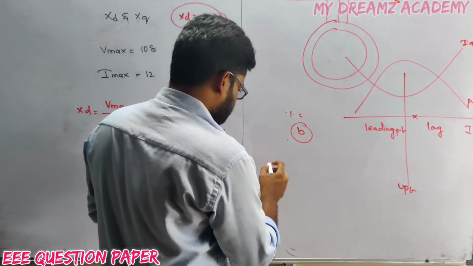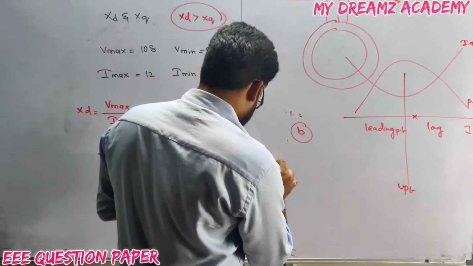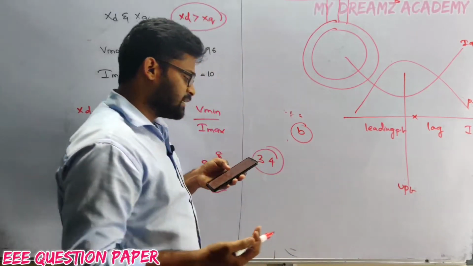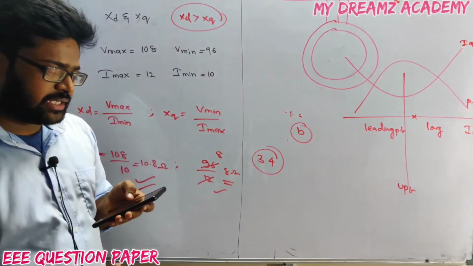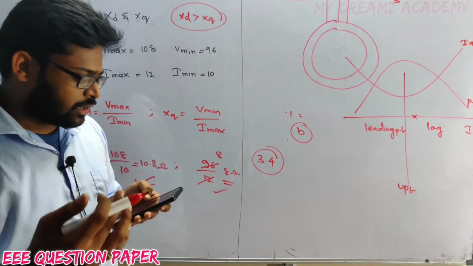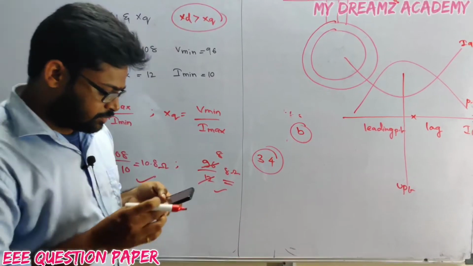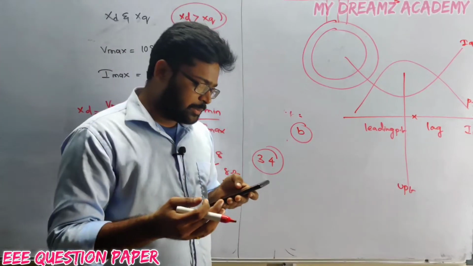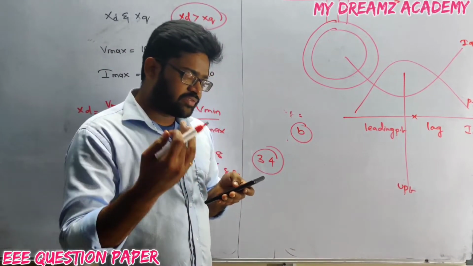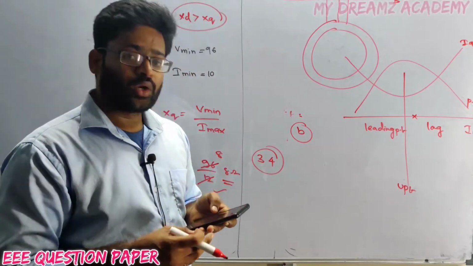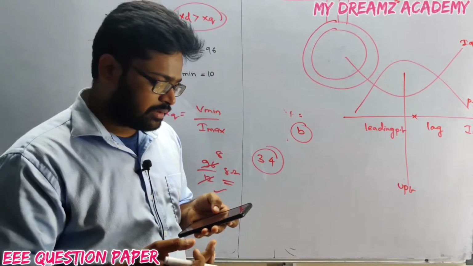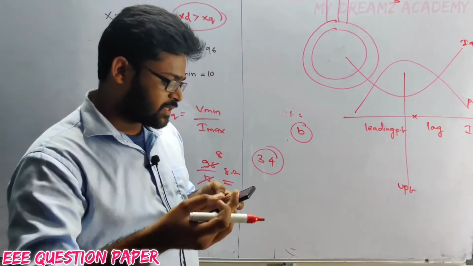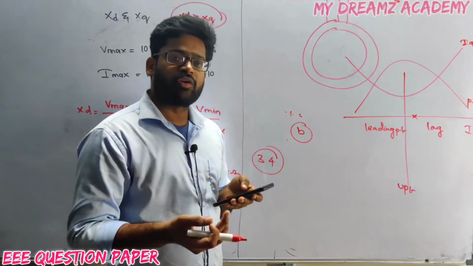And the next question number 34. The primary reason to place the field on the rotor of an induction motor. Okay, so why we need to place the field on the rotor? Why we have to keep the field on the rotor? Option A, large power factor.